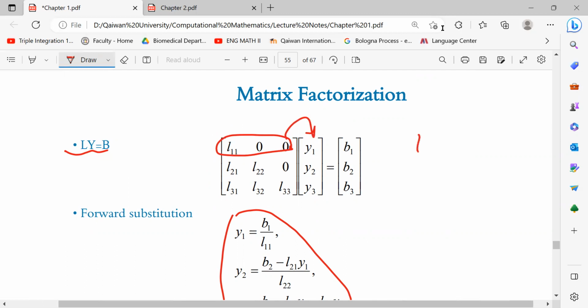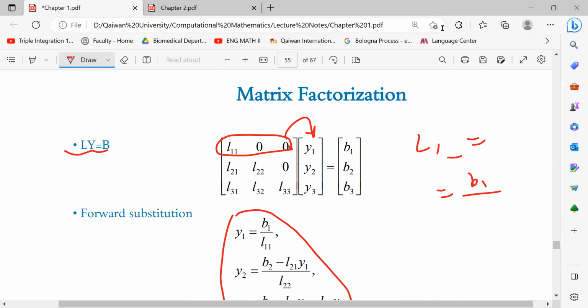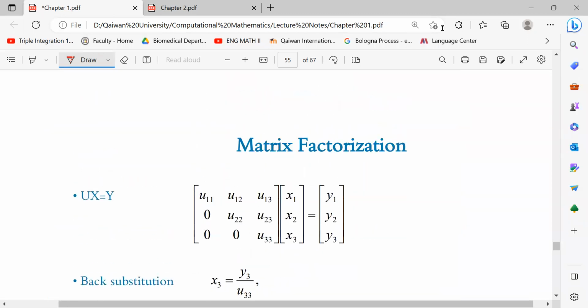We get L11 Y1 equals B1. Here, B1 is known, and L11 is also a known constant. We can find Y1. Y1 is B1 over L11. And then for others, okay? I'm going to tell you how in solving the examples, okay?